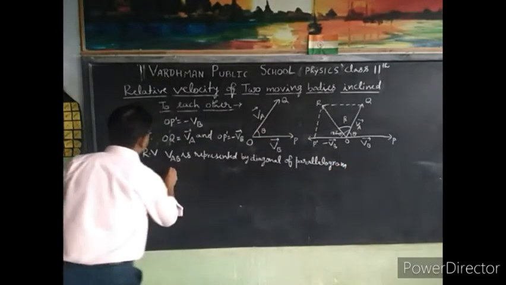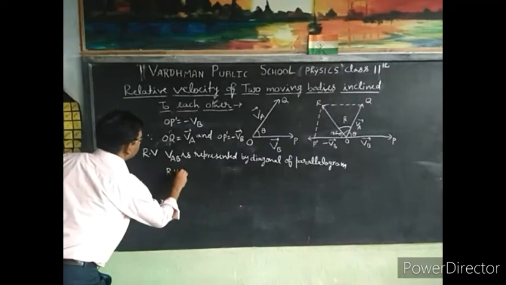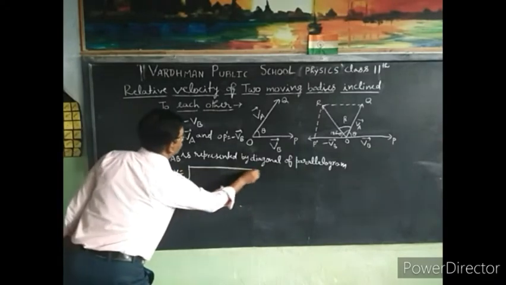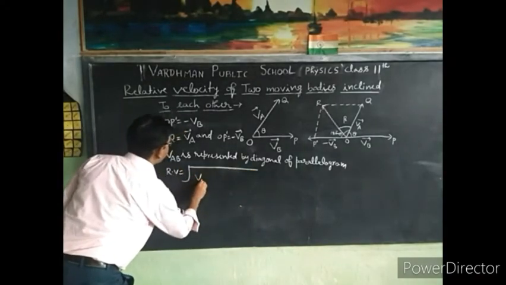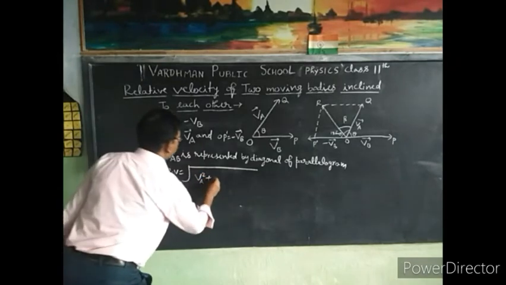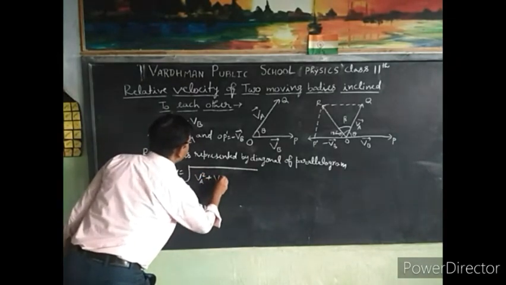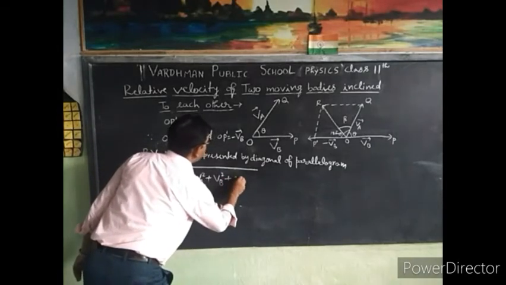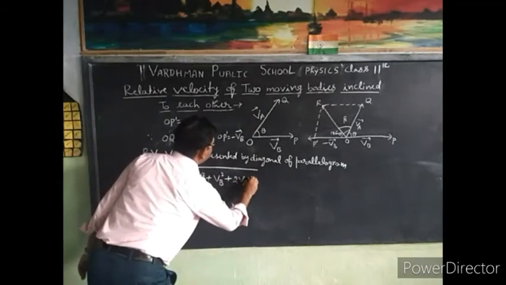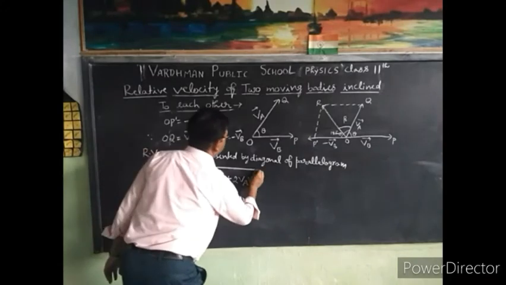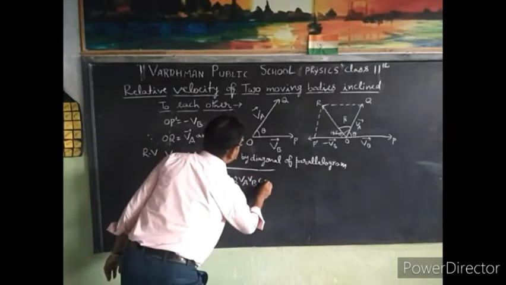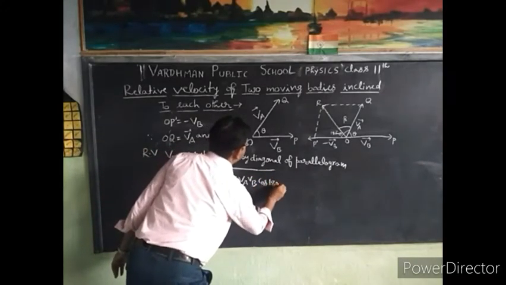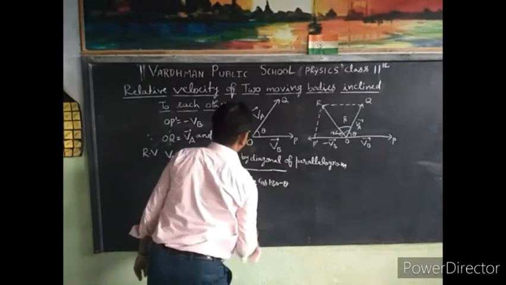Relative velocity is equal to under root Va square plus Vb square plus 2 Va Vb cos (180 minus theta).